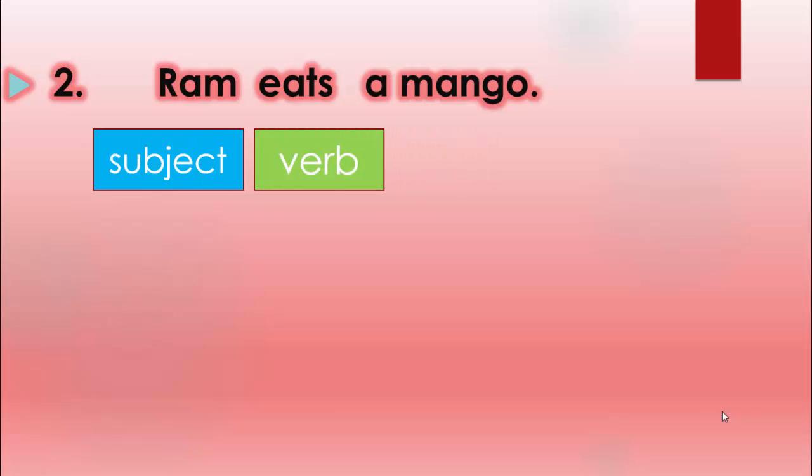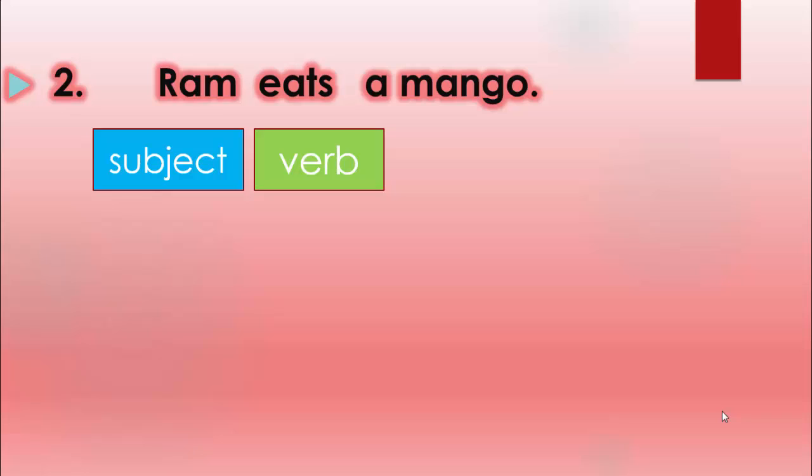Let me tell you another example of the active voice. Ram eats a mango. Here in this sentence, Ram is the subject. He is the doer of the action. Eats is the verb.